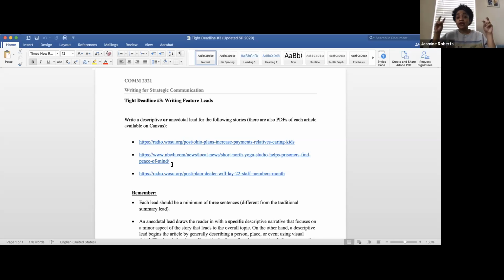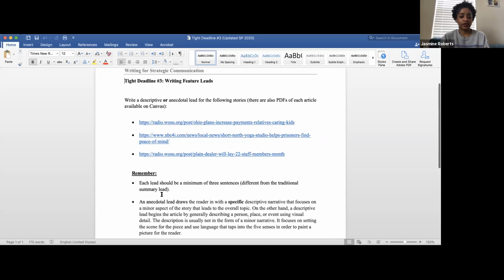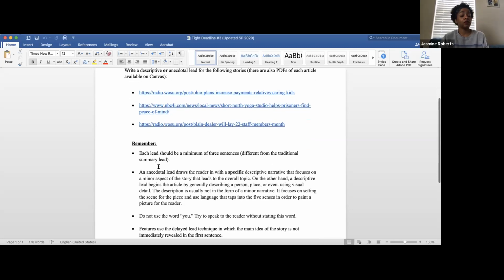You can make up characters or make up, I should say, names if there isn't a person mentioned in that story, but you can't make up information that's not true about the overall gist or the purpose of the story or the topic at hand. As a reminder, make sure that your lead is a little bit longer than what you might find in your traditional news lead.